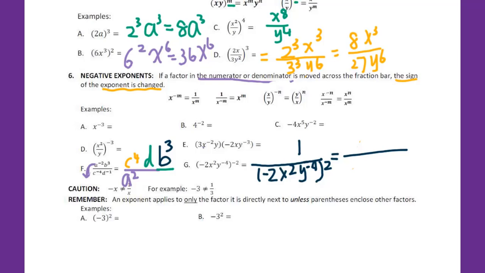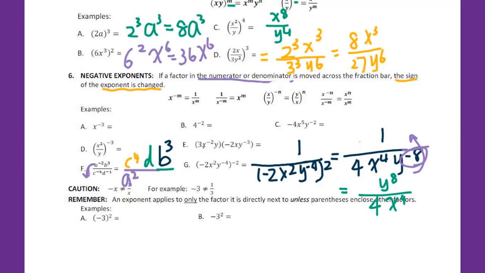So negative 2 squared is 4. X to the fourth power. Negative 4 times 2 is negative 8. Now we'll have negative exponents here. So we jump to the top. You will get y to the 8th power over 4x to the 4th power.